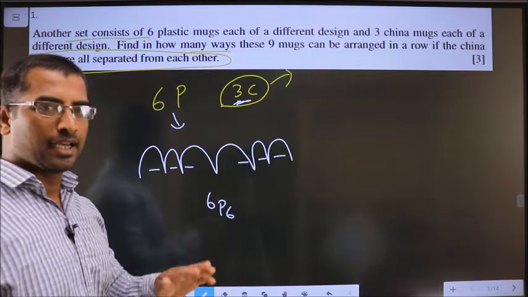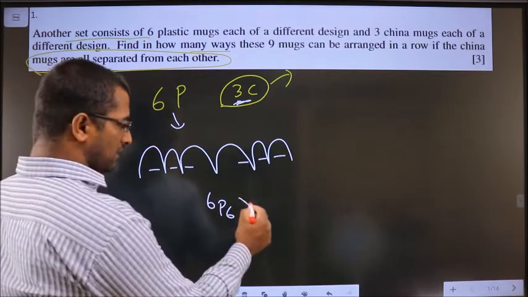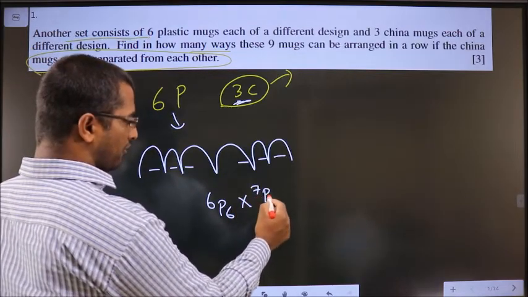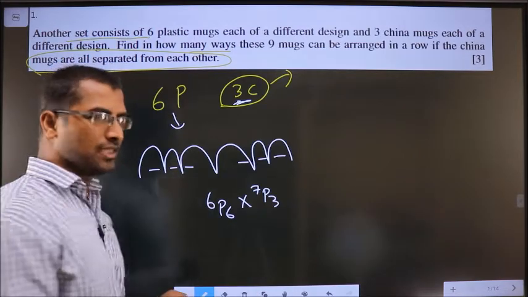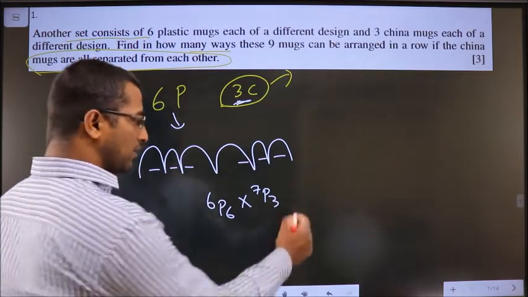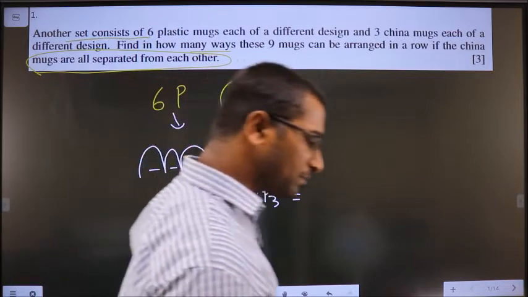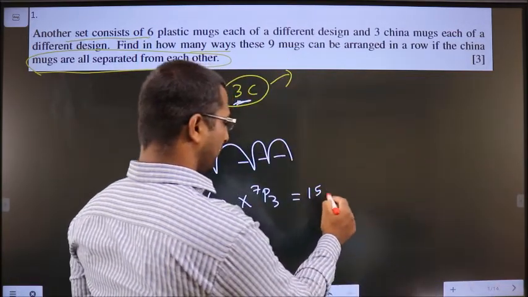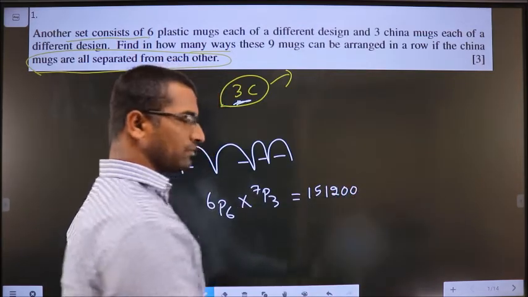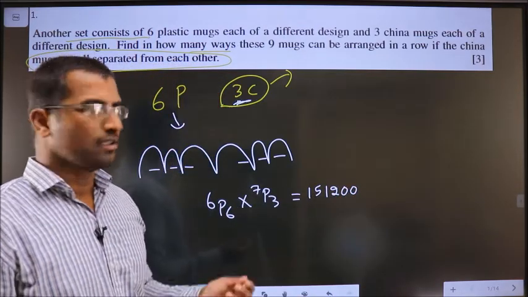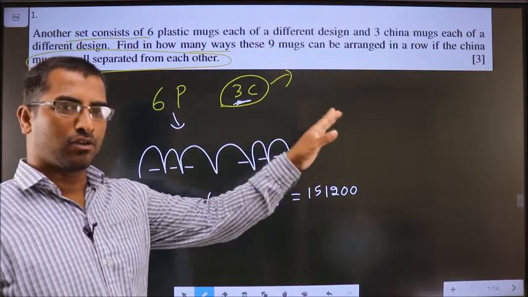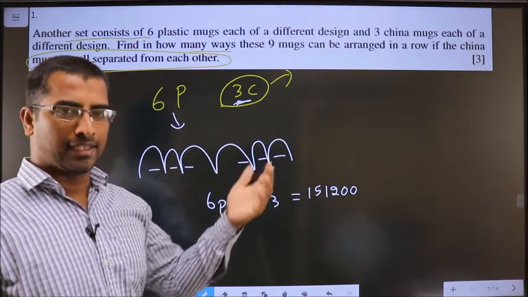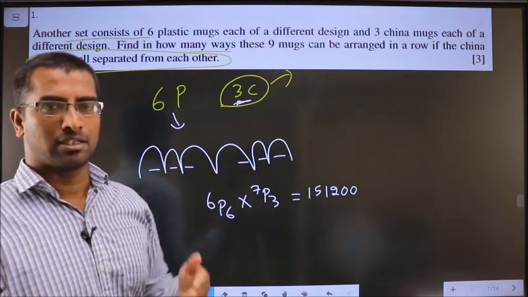So that can be arranged in 7 places for 3 mugs, so into 7P3. If you put this in the calculator, you get the answer to be 151200. Whatever should not be together, keep outside, arrange the remaining, then check in between how many places you have.